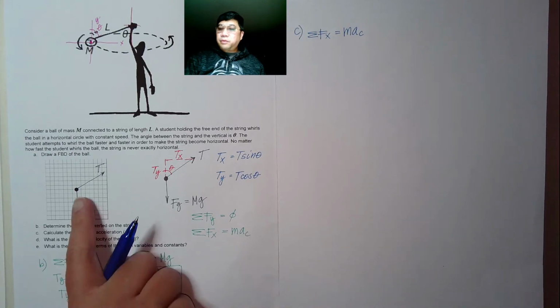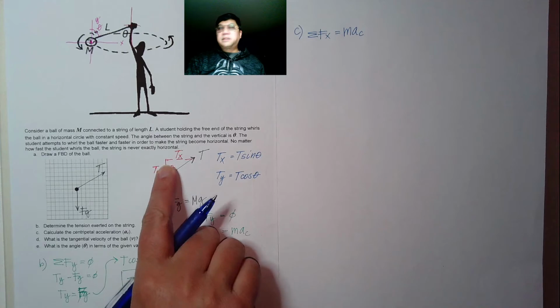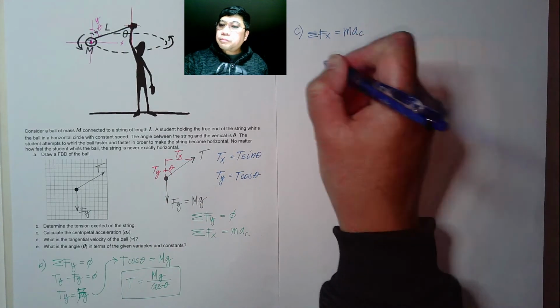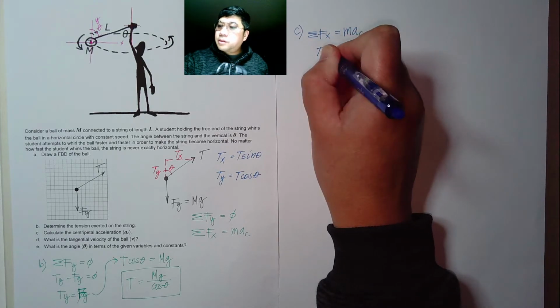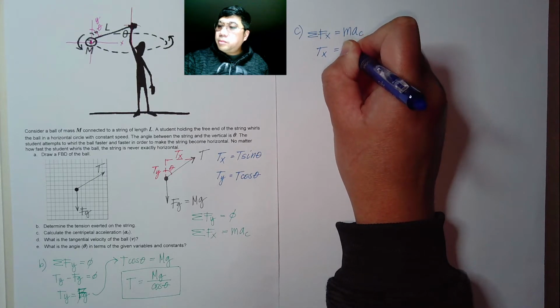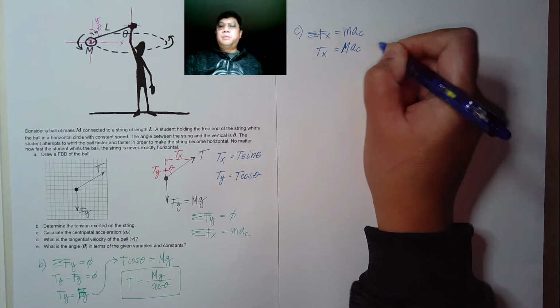So what are the different forces acting along the x-axis? That is T of x. T of x equals mass, and in this case our m is uppercase M, multiplied by the centripetal acceleration.